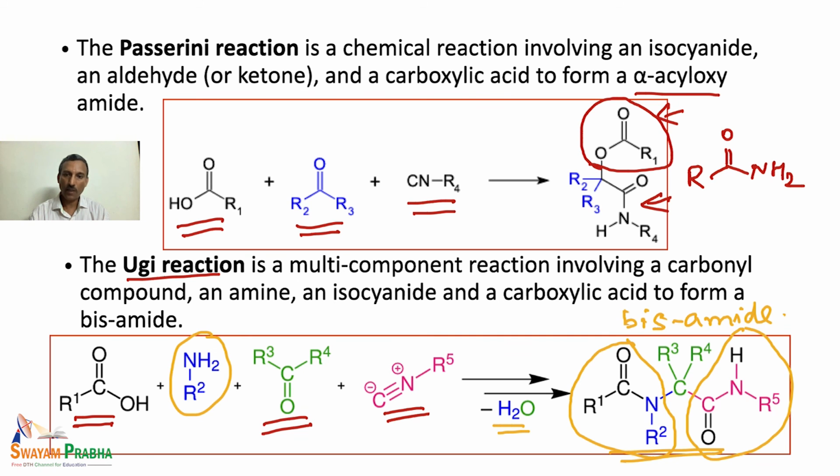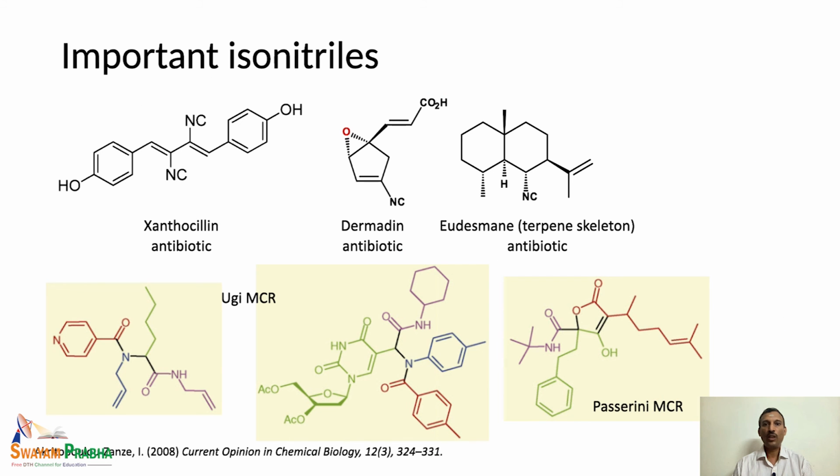So this is an example of a multi-component reaction, and it is generally used for the preparation of various drug derivatives and other compounds. Here I have given a few examples of the Ugi multi-component reaction. We have an amide unit which comes from the carboxylic acid we are using, an amine unit which is another component used in the reaction, and another amide unit here.